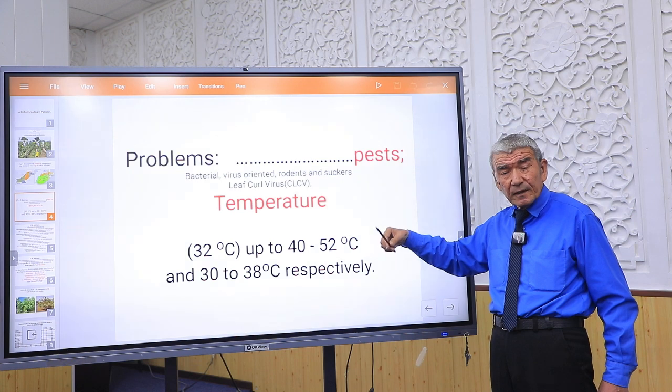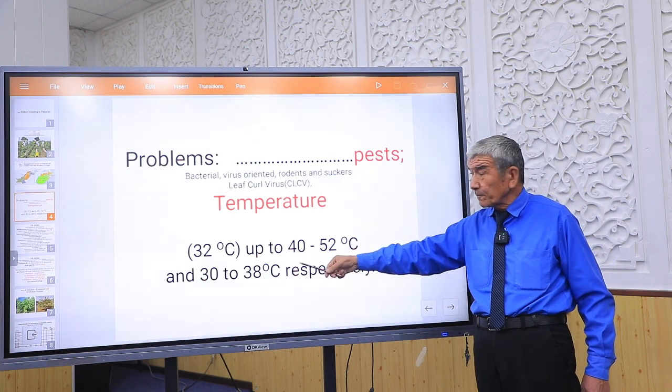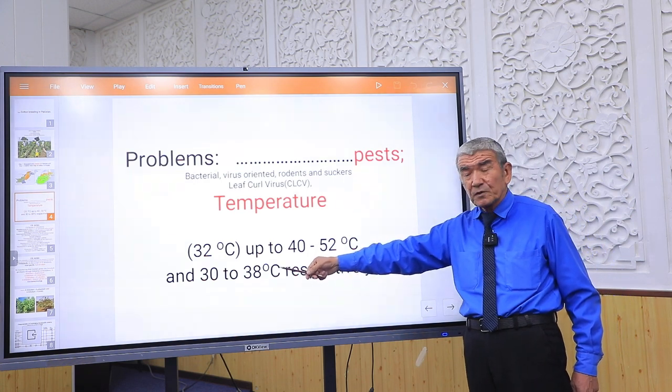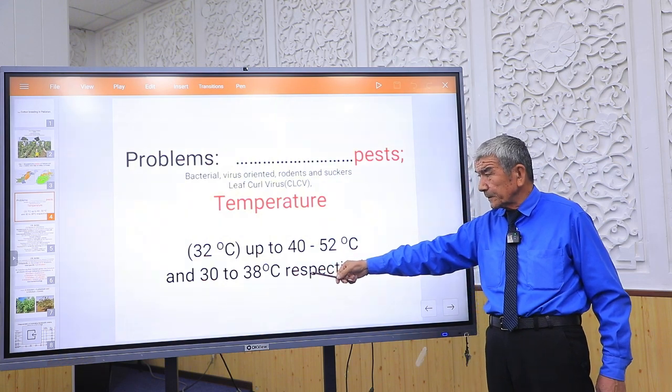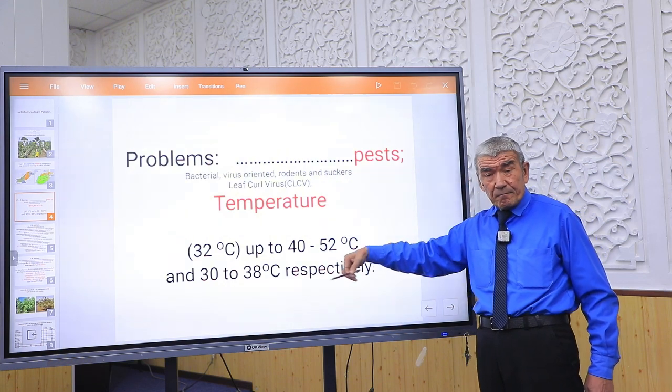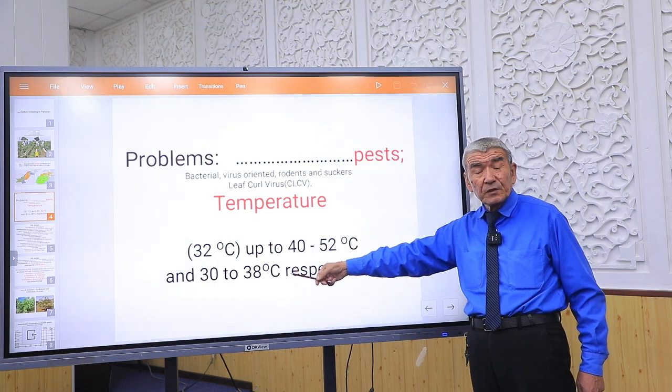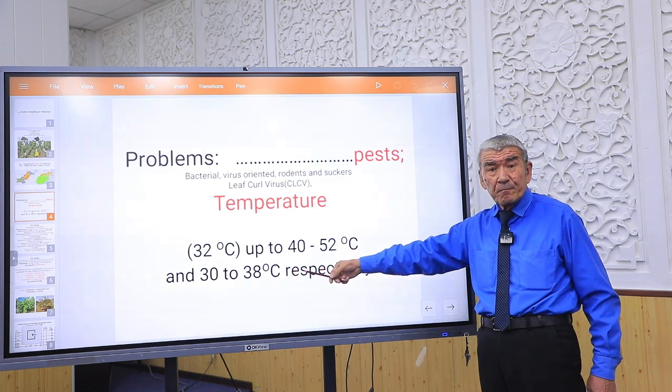And at night, the average temperature is 30 centigrade, but it rises up to 38 centigrade.